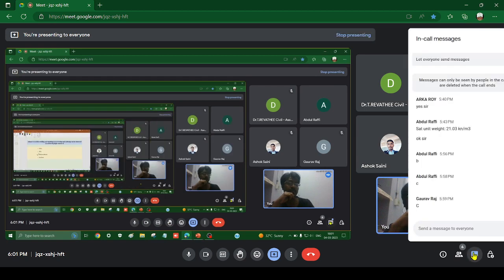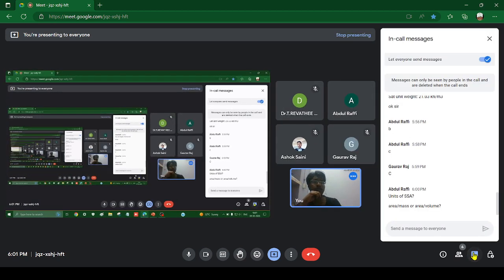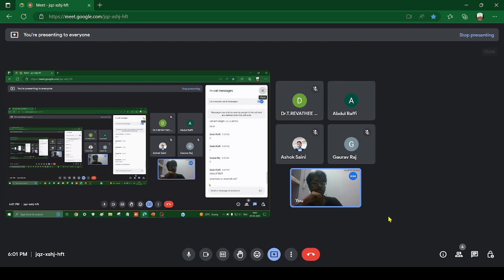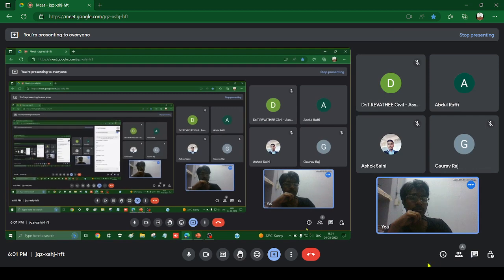It is surface area per unit mass, not volume. So area is meter square, mass is kg. So meter square per kg, centimeter square per gram, like this. Clear, Abdul?